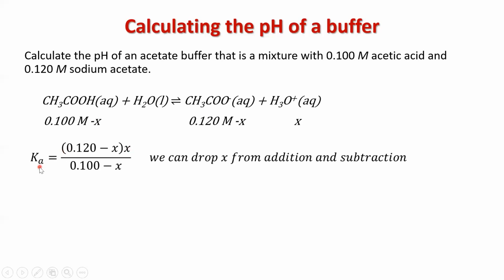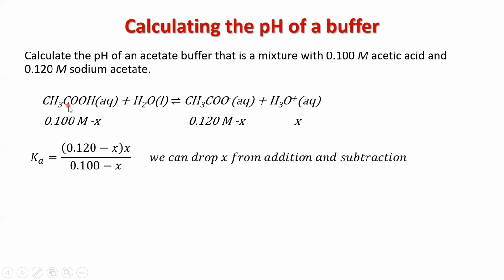When we write our Ka expression, it's still products over reactants raised to the power of the coefficient in the balanced equation. So 0.120 minus X times X, divided by 0.100 minus X. We're figuring out that K expression the same way.